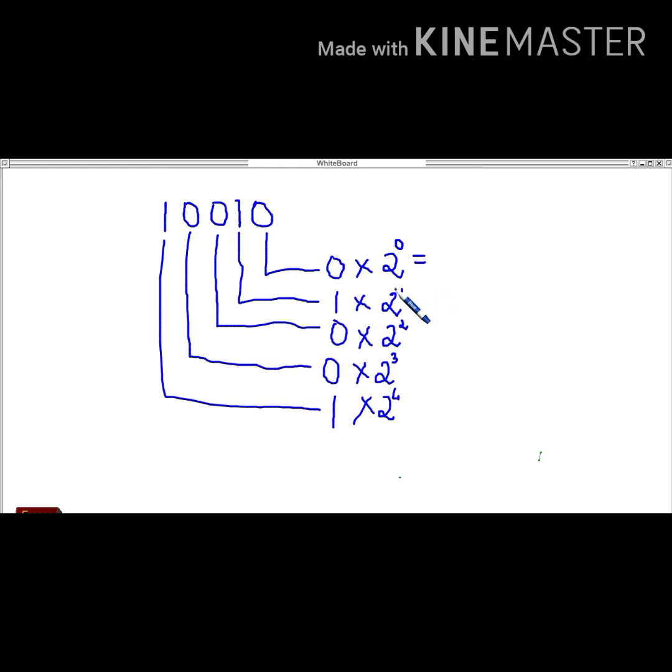Let's see what will be the answer of 2 to the power 4. 2 to the power 4 means 2 will be multiplied 4 times. 2 into 2 into 2 into 2. 2 into 2 is 4. 4 into 2 is 8. And 8 into 2 is 16. So the answer is 16. Understood, students, what is power?